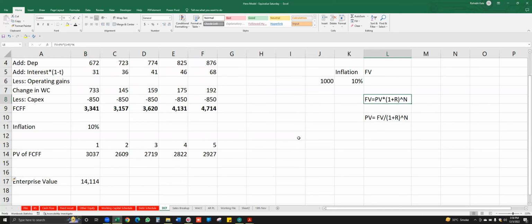You must have also learned something about WACC. Am I right? Inflation rate, I will come to that. I have just told you the inflation rate to keep this simple.